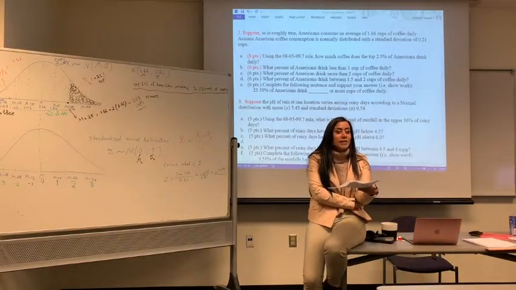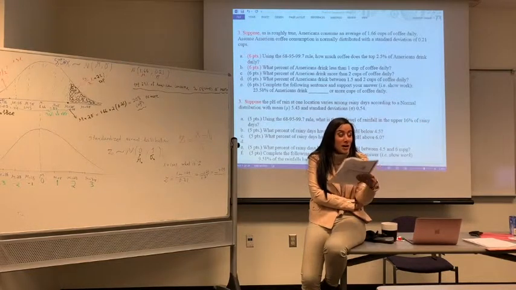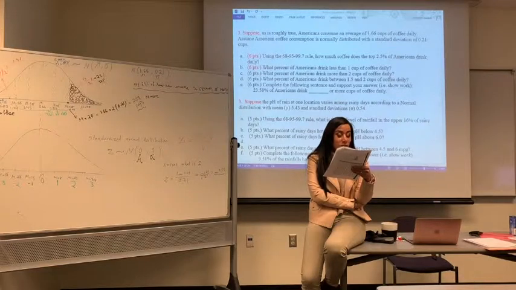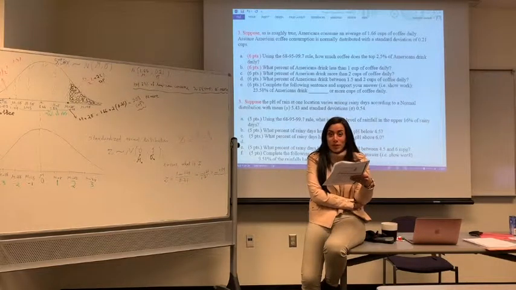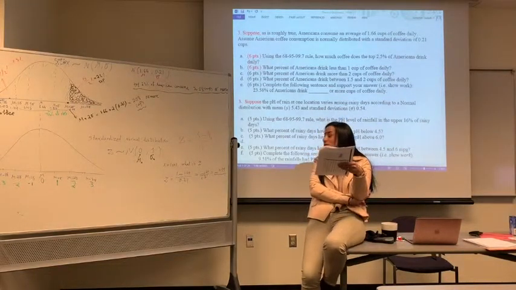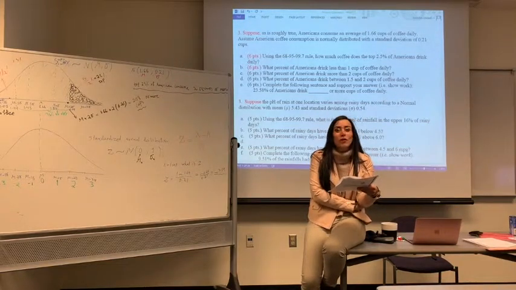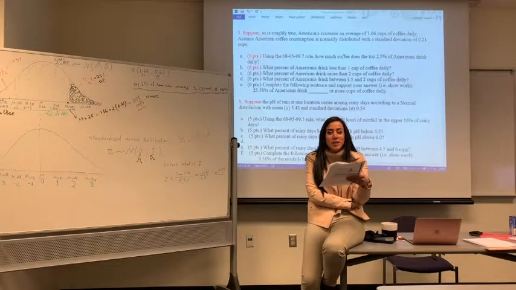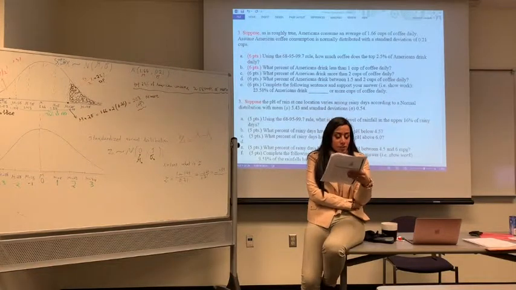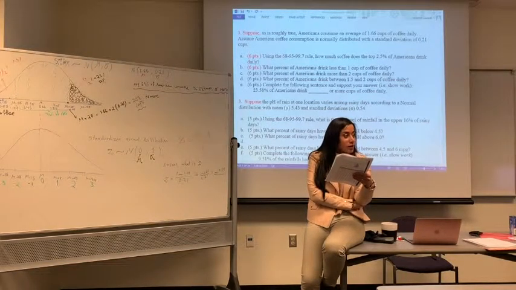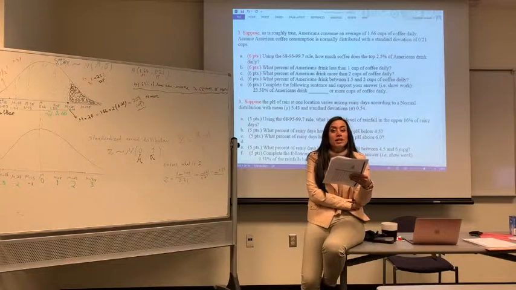If I had 3.10, I would start with 0.00 on the top row. If I have 3.14, I should look at 0.04, correct? Now, the intersection between negative 3.1 and 0.04 will be the proportion or percentage you are looking for.